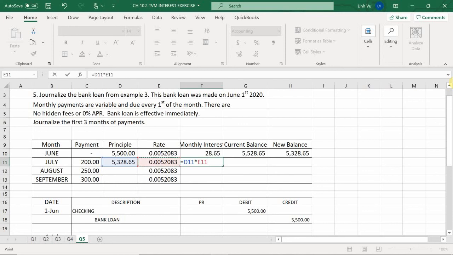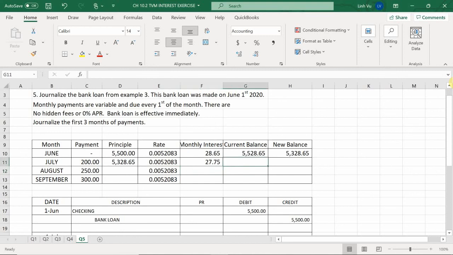So in this case, if I have $5,328.65 and I multiply it by my 0.005208, what should be the total monthly interest that I'm going to be collecting? $27.75.